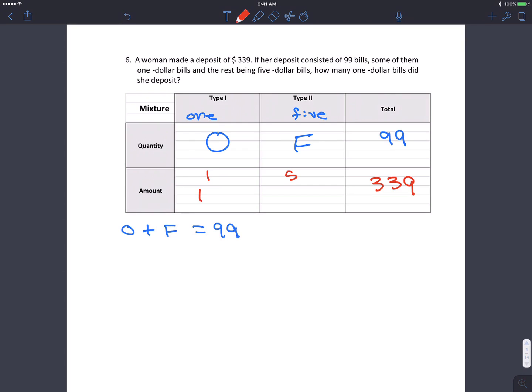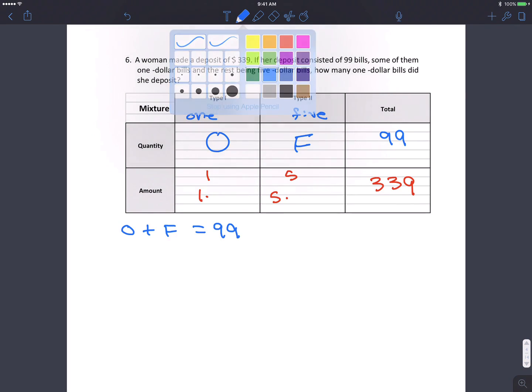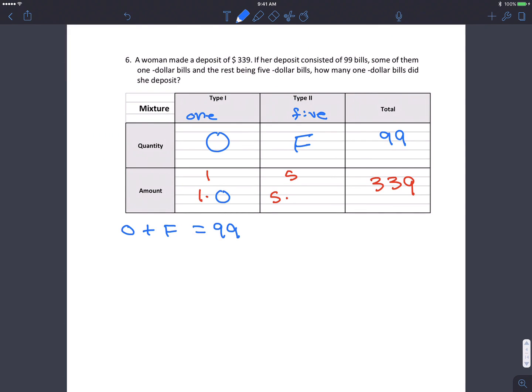So 1 times the quantity of 1s, that's 1 times O, plus 5F, should give me the total value of $339. Now 1 times anything is itself, so let's just leave it this way. These are my 2 equations and my 2 unknowns.